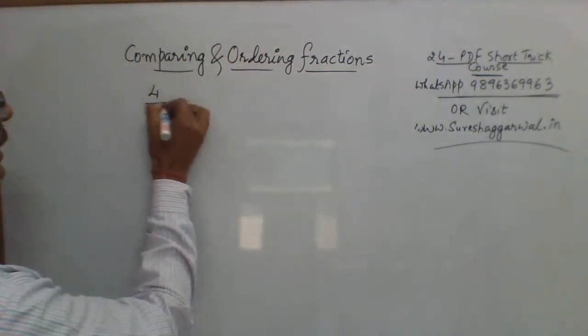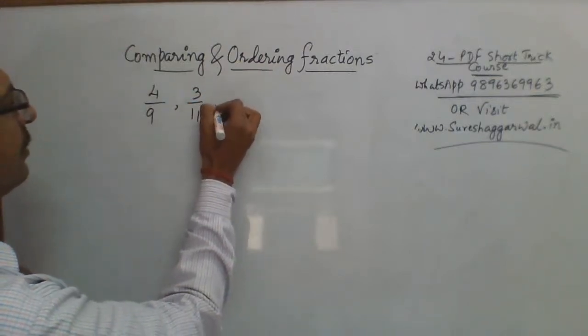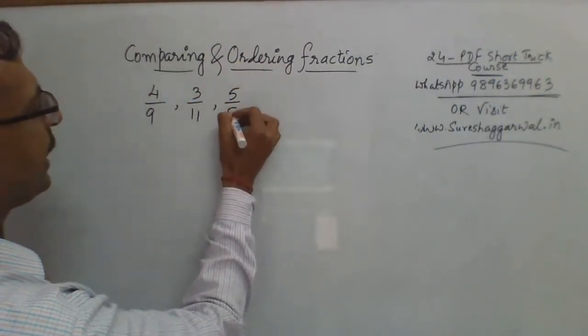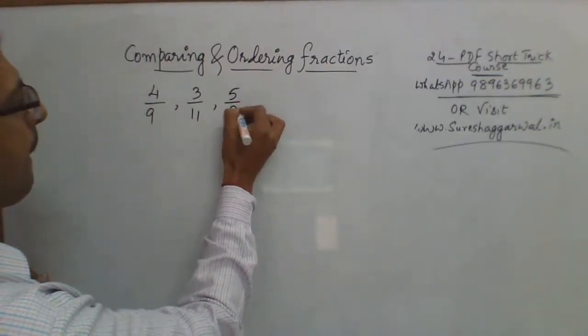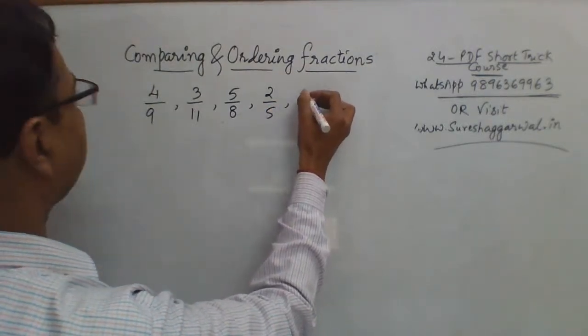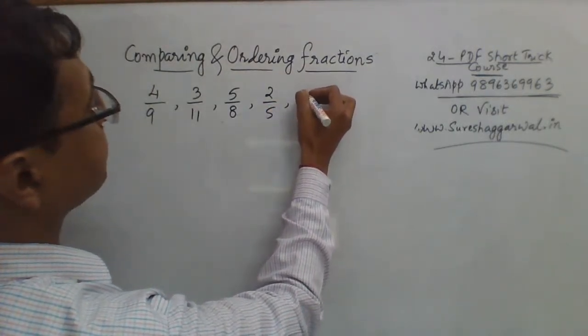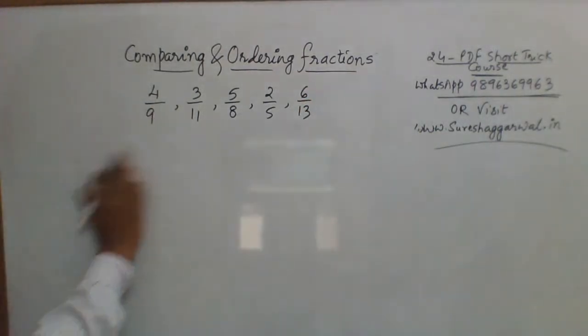This is 4 upon 9, 3 upon 11, 5 upon 8, 2 upon 5, and 6 upon 13. These are the numbers.